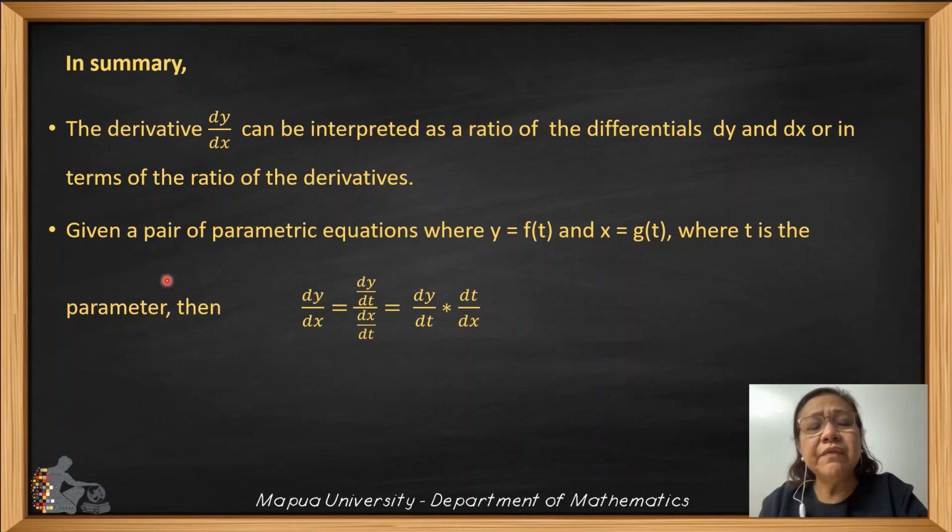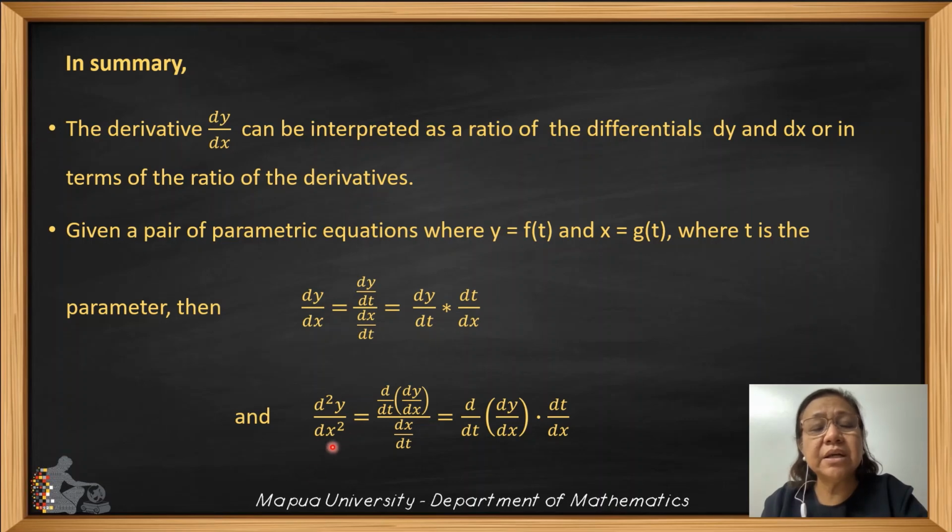Given a pair of parametric equations where y is the f function of t and x the g function of t, where t is the parameter, then the derivative dy/dx can be taken as the ratio of dy/dt to dx/dt, or we can look at it in terms of the product dy/dt times dt/dx.